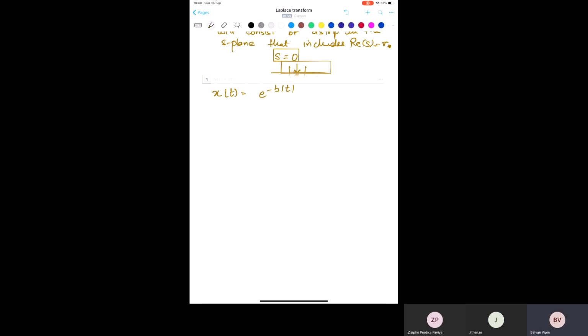We are using a mod again, and you know what a mod is. Then you have to find the Laplace transform of this for two conditions: b greater than 0 and b less than 0. Don't get confused with mod of t, because mod of t also has conditions of greater than 0 and less than 0. Here we have b greater than 0 and b less than 0.